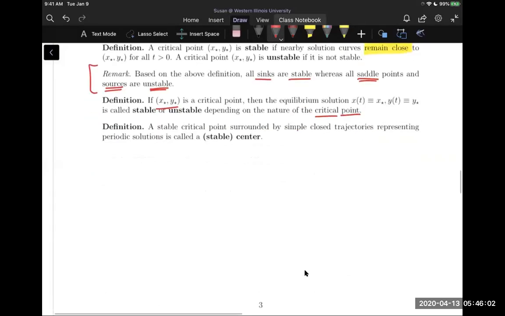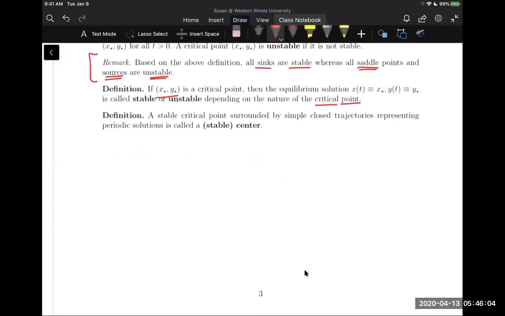All right, we have yet another classification for critical points, which is called a stable center. I just want to emphasize here that centers are always stable. It's a critical point surrounded by simple closed trajectories. So let's plot a coordinate system here first. Keeping with my main setup, let's let our critical point be at the origin.